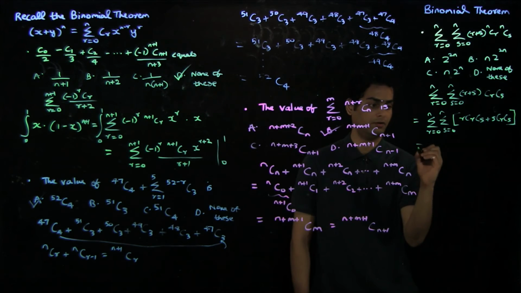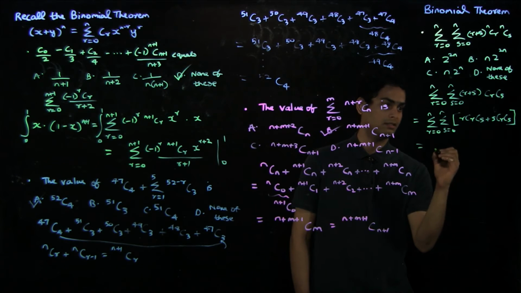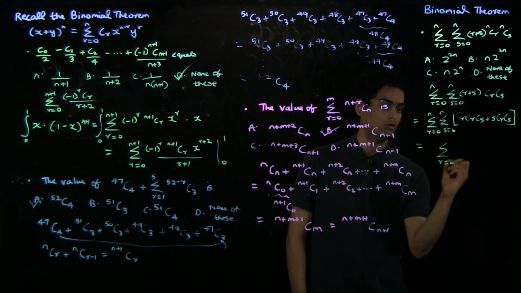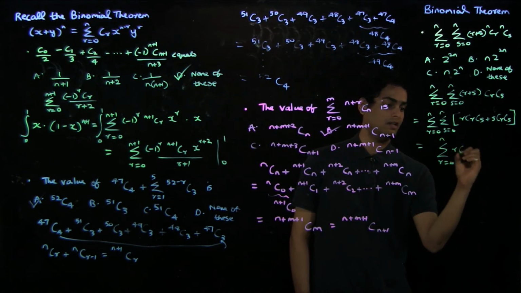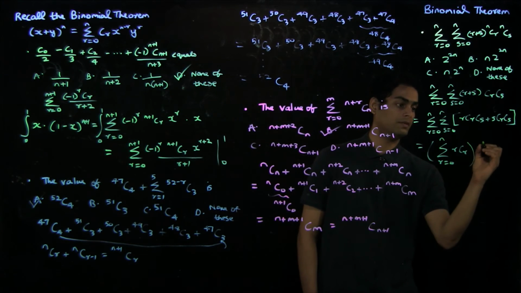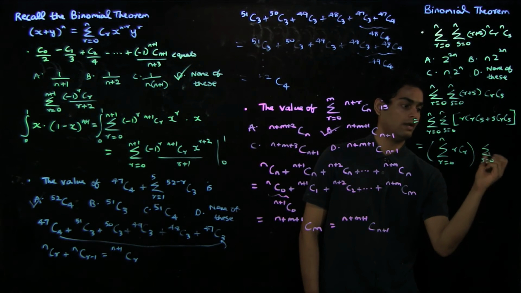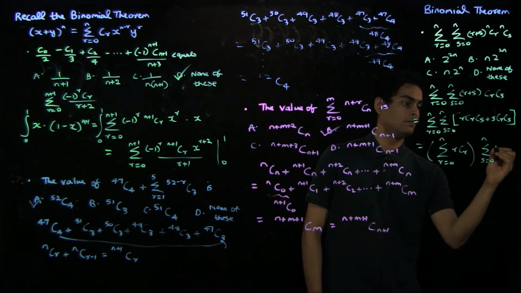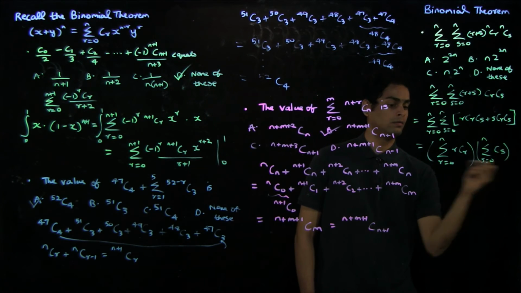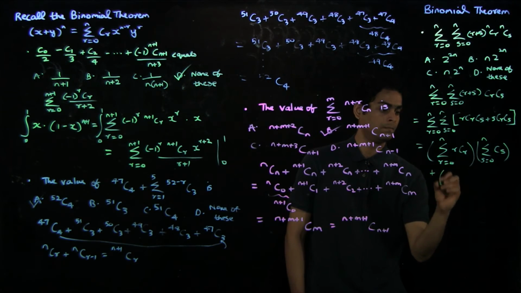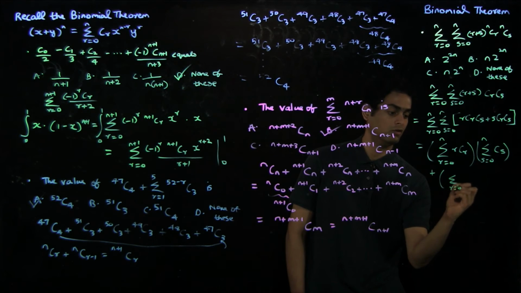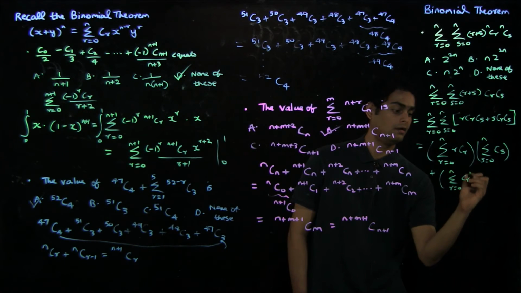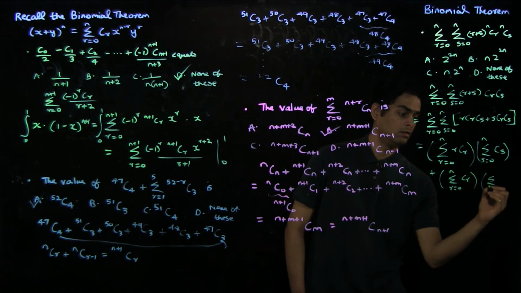So notice that you can rewrite these summations as summation r equal to 0 to n r nCr times summation s equal to 0 to n nCs plus summation r equal to 0 to n nCr times summation s equal to 0 to n s nCs.